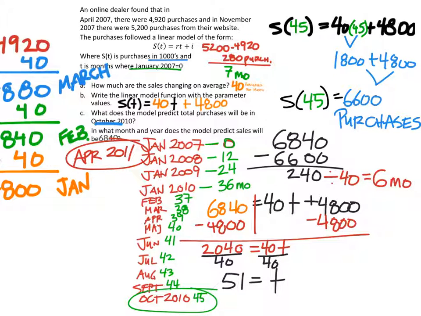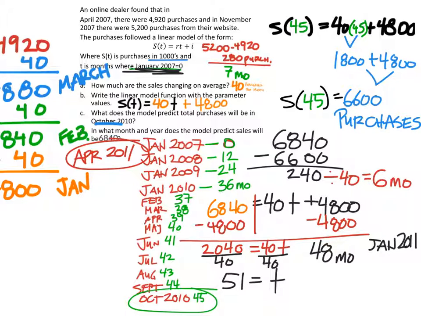So 51 months after January 2007 would be the month that 6,840 purchases were made. Now, here's another thing we know: at 48 months, which would be 4 years after January 2007, that would be January 2011.